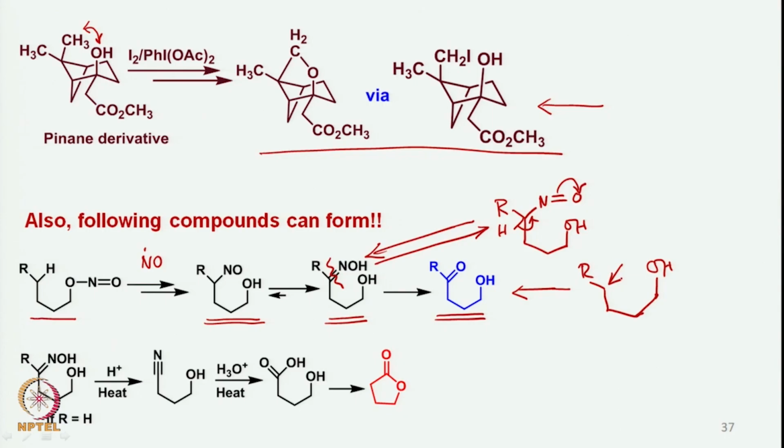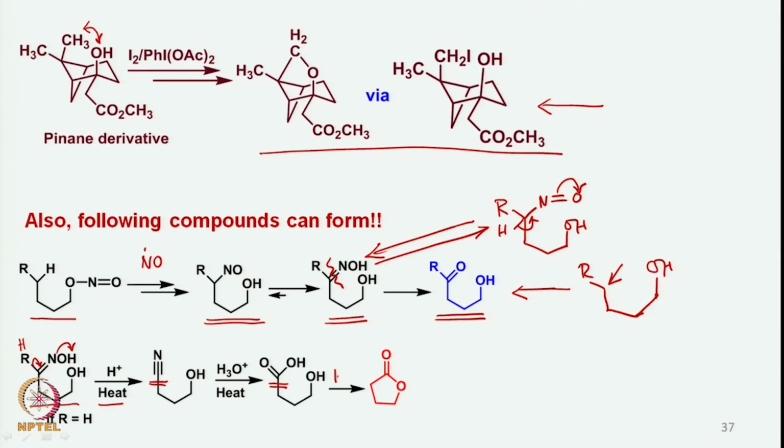Now one can also do that if an oxime of this type has R equal to hydrogen, then we can also do the dehydration. That means if this R is hydrogen instead of any alkyl group or phenyl group, we can do the dehydration under acidic conditions and heat, and one can get the corresponding nitrile, which can be hydrolyzed to the corresponding acid.